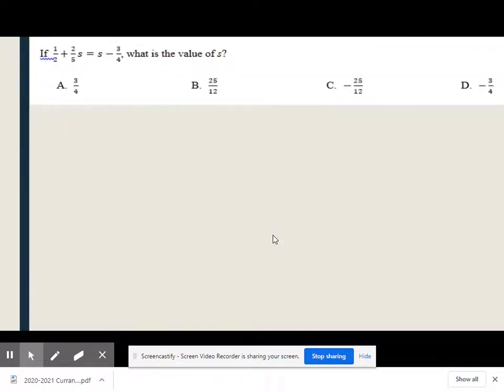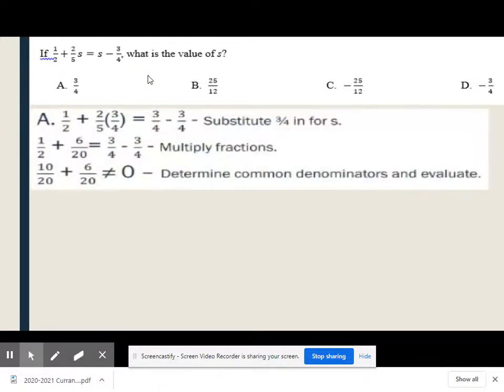All right, this next one has quite a few fractions, but what's even more important is that there is the variable s on both sides of the equation. In this case, our best option may be to substitute 3/4 in. 3/4 is our first option.